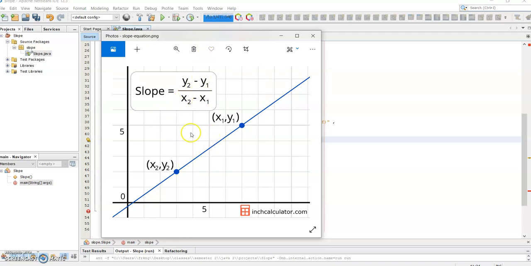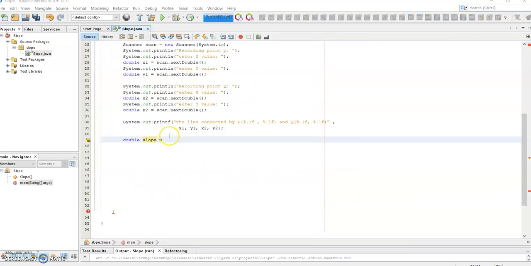Okay, this is how we calculate the slope of a line. All right. Okay, let's make it quick. y2 minus y1 divided by x2 minus x1. That's it.